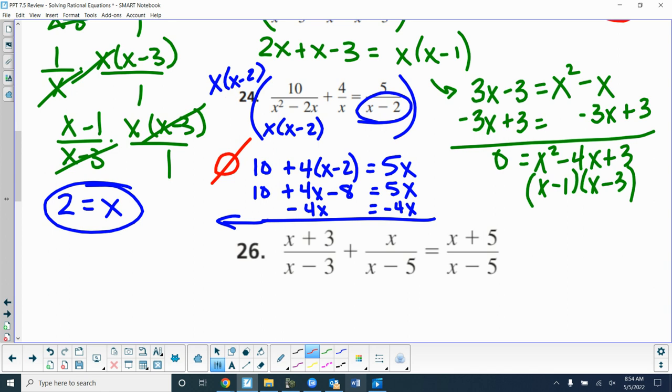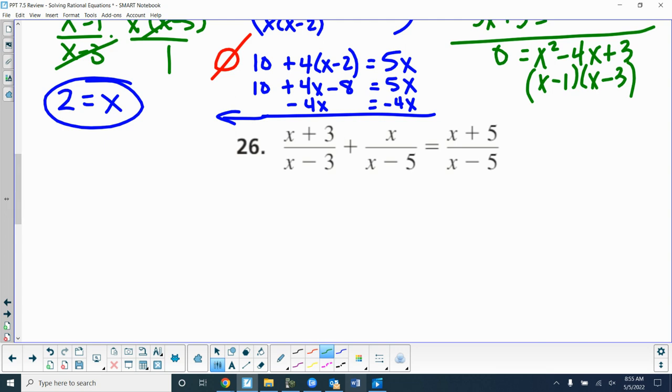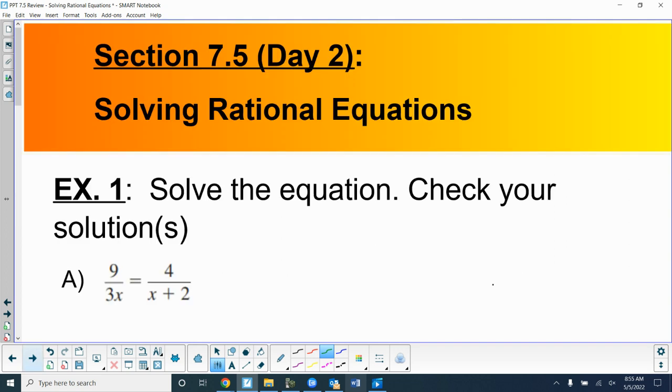Okay. Let's do 26. Can I factor any of those? No. So I see an x minus 3 and an x minus 5. So that's my common denominator, right? Is that the one we did for warm-up? Yeah, that's the one.